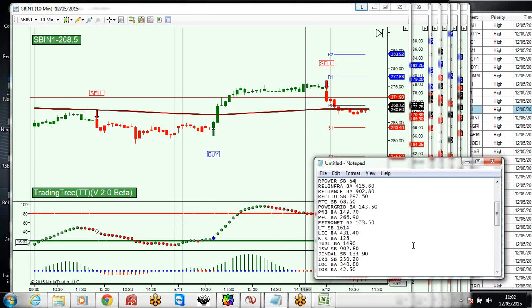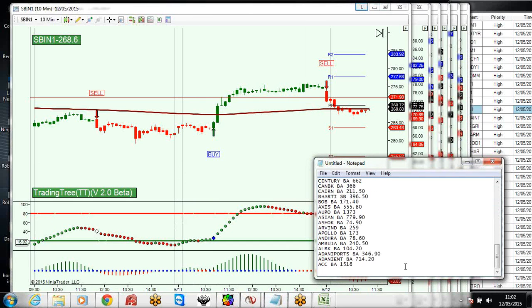Once you have the application, you'll be able to know the price at which you will have to buy and sell before the market opens. And then you can start placing your trades right from 9:15.